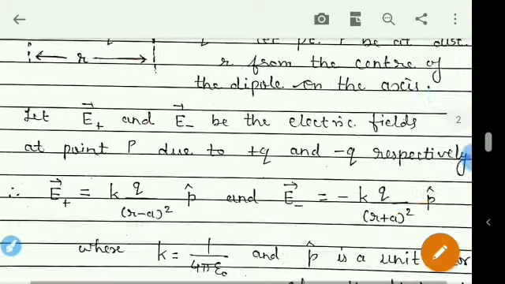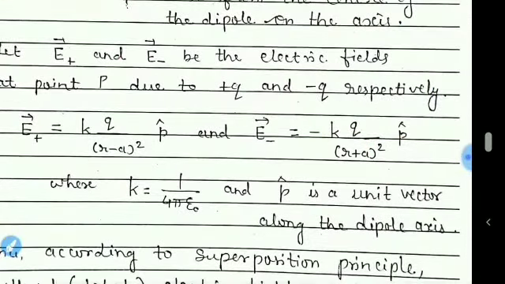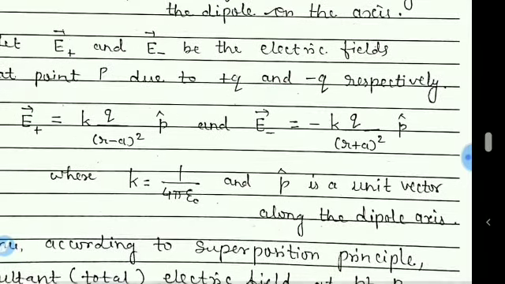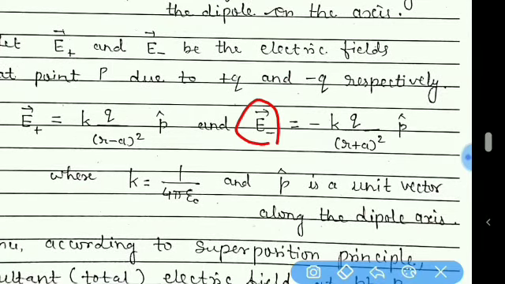So here also we can write the formula for the electric field of the negative charge as E minus is equal to KQ upon distance squared, but here the distance is r plus a.